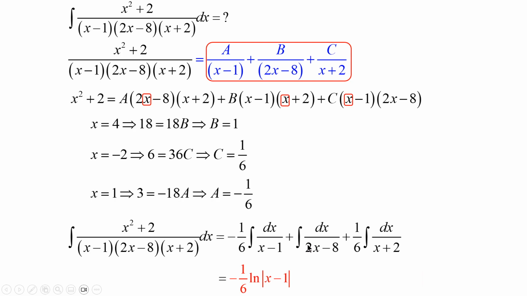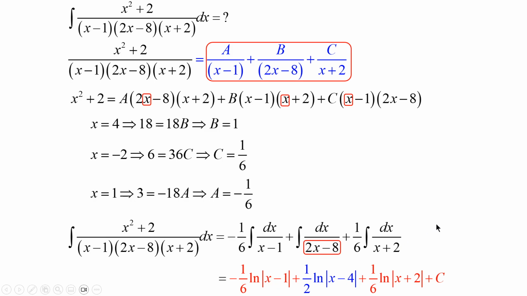Now in the second one, at Portland, we'd take the common factor out, which would be 1/2. And then we'd have the natural log of, and if I pull the 1/2 out, I have an x minus 4 right there. And then the 1/6 natural log of absolute value of x plus 2, and then plus C. And that is the correct answer.